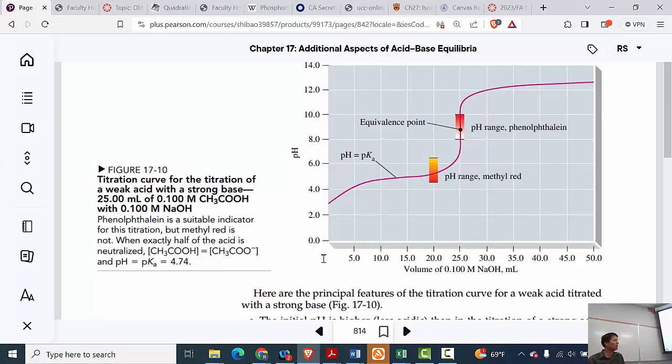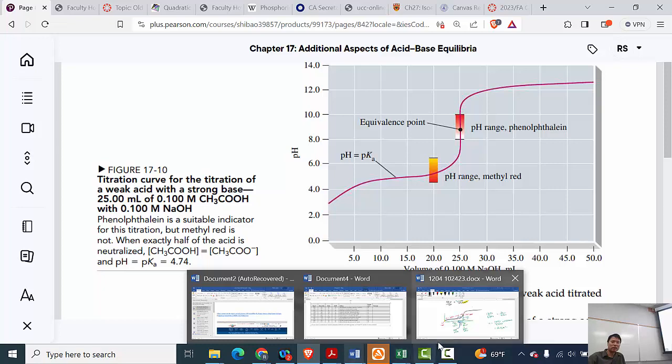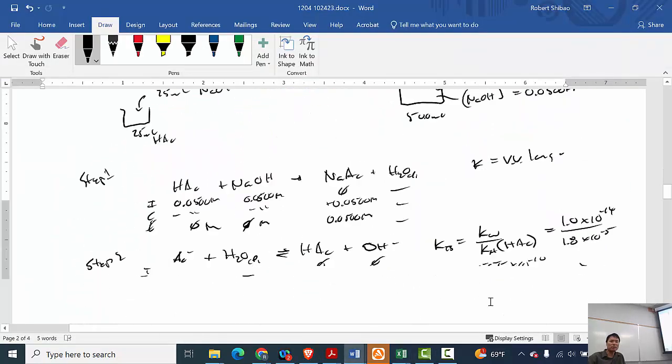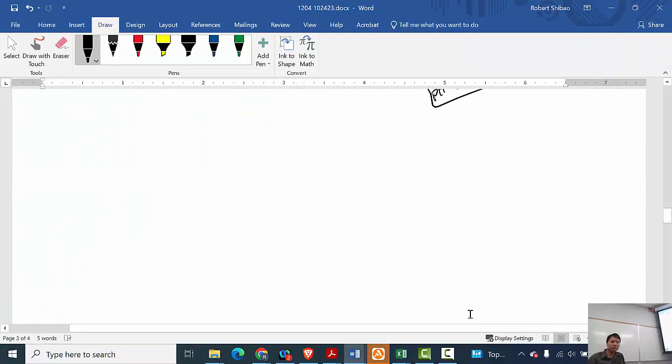Now it stays red here. You know, it stays red all the way. So you can't tell if you added 10 milliliters extra or 1 drop extra. And so we're going to go 1 drop past. We're going to make an assumption that 1 drop is about 0.05 milliliters. That's something that people calculate in Chem 4.